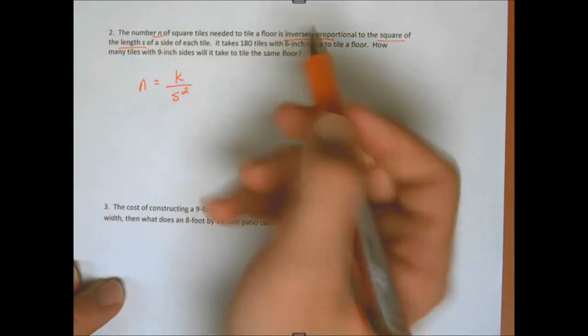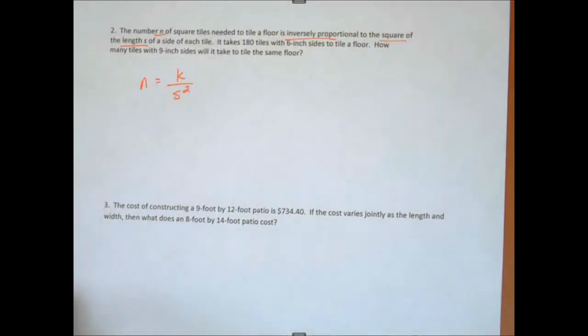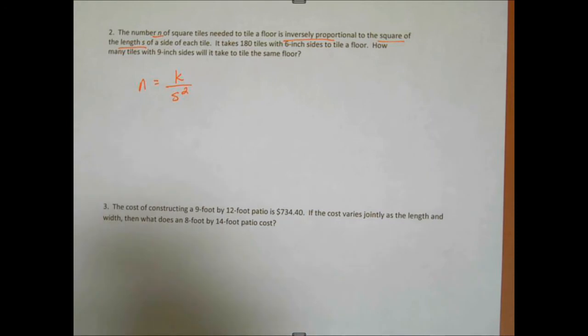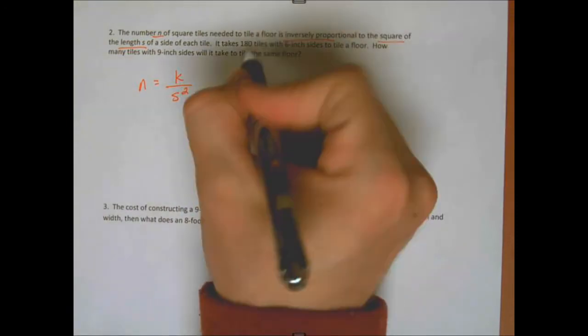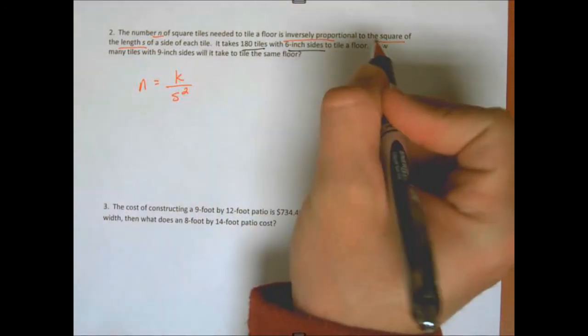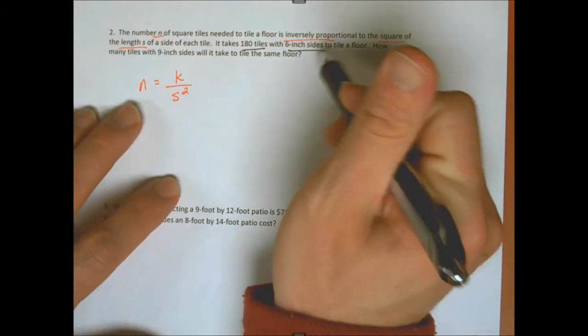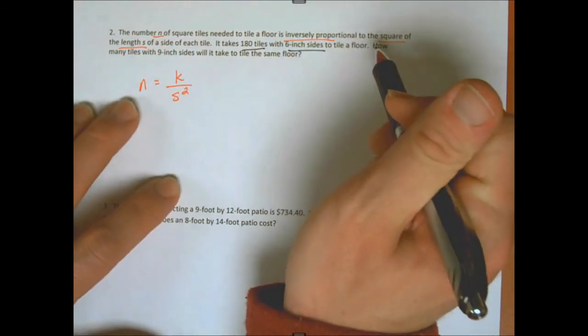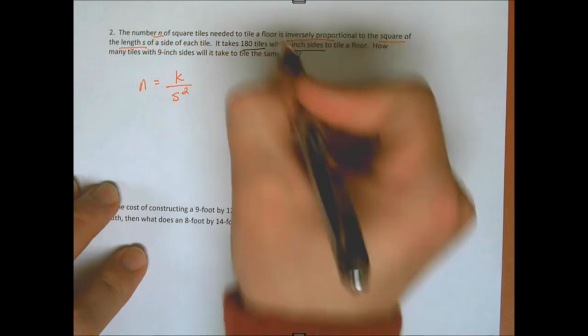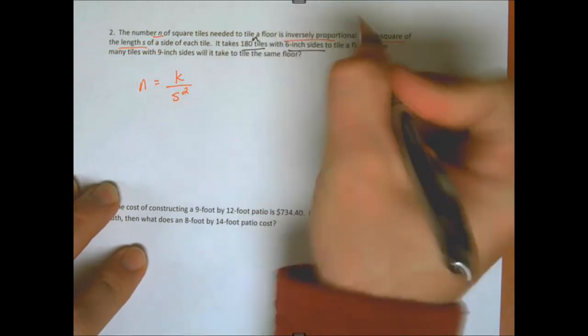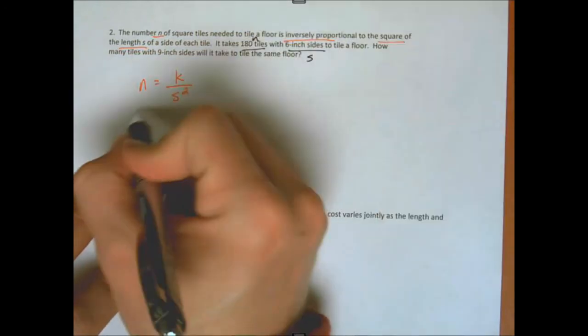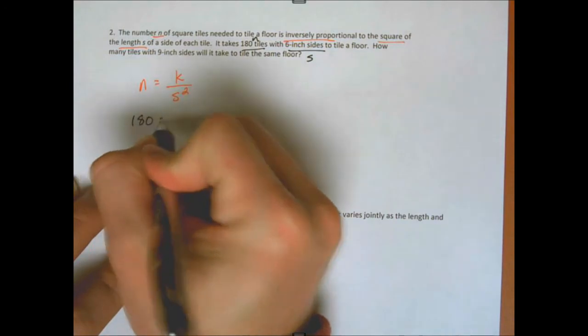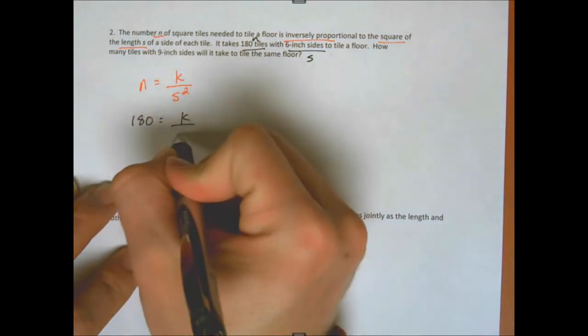We're told it takes 180 tiles with 6-inch sides to tile a floor. That gives us n and s. So 180 is equal to k over 6 squared.